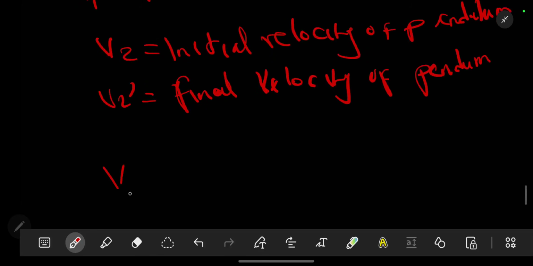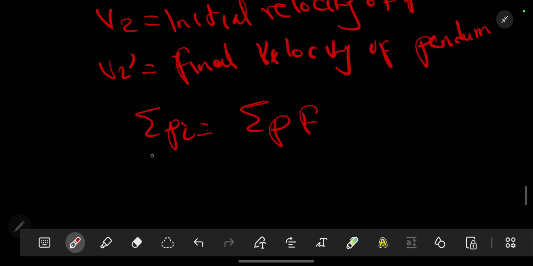So the summation of the initial momentum is equal to the summation of the final momentum.